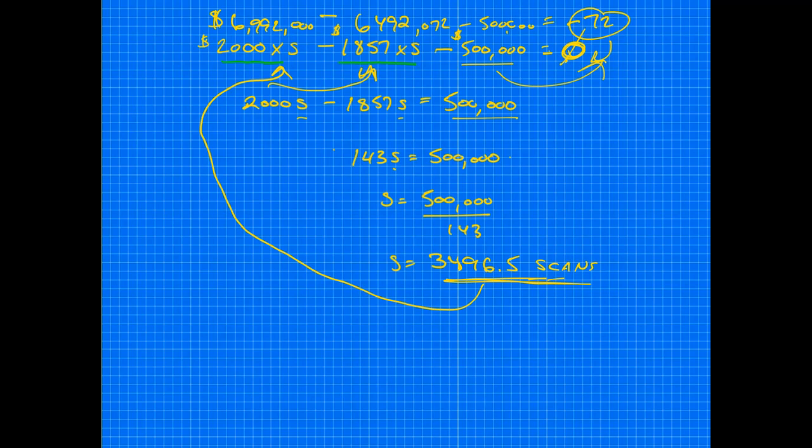But 72, when we're dealing with numbers of multiple millions, we're there. We got it. That is the break even is 3,496 scans. Or you just tell your boss, we've got to get 3,500 scans a year. Might as well even round it up.